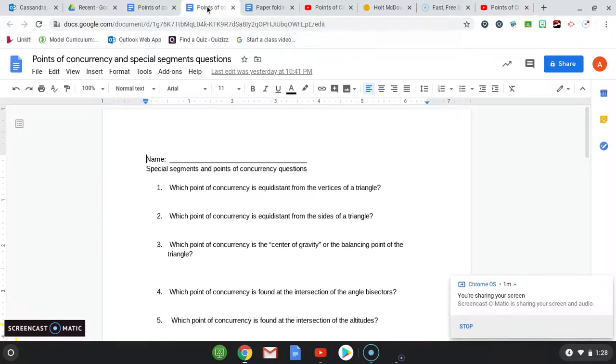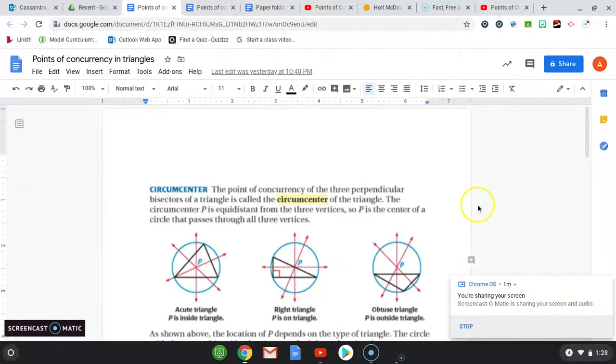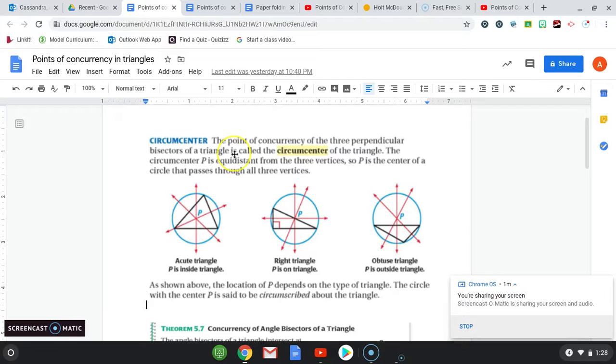So if I go over here to our notes, we call the point of concurrency of the perpendicular bisectors the circumcenter of the triangle. What makes that point important is that that point is the same distance away, or equidistant, from the three vertices of the triangle.